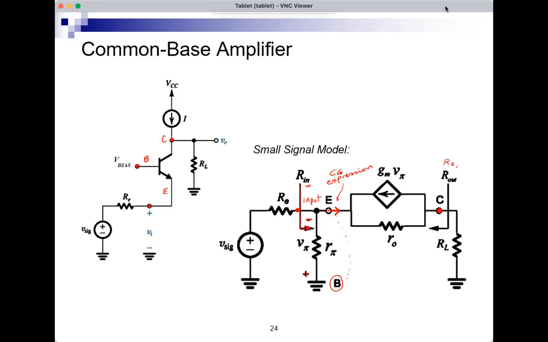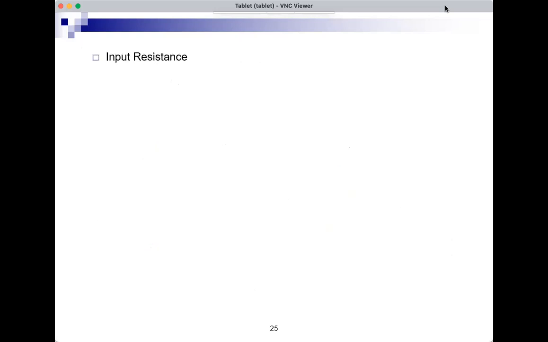And in this case, R pi is between the same node and ground. So if I want to find the input resistance of common base, I can simply say that it's R pi in parallel with the input resistance of the common gate. So I don't need to really do any circuit analysis.